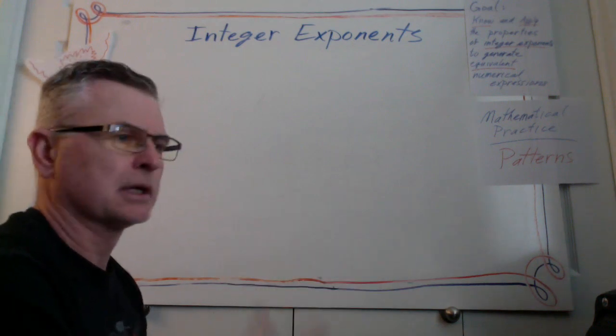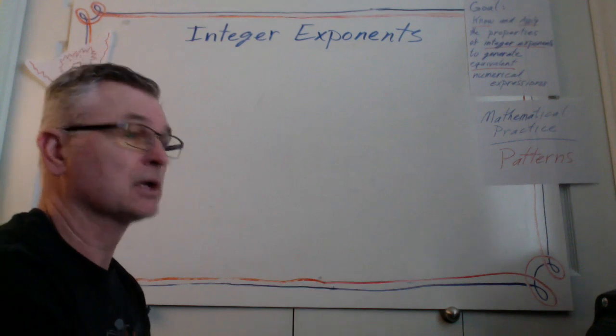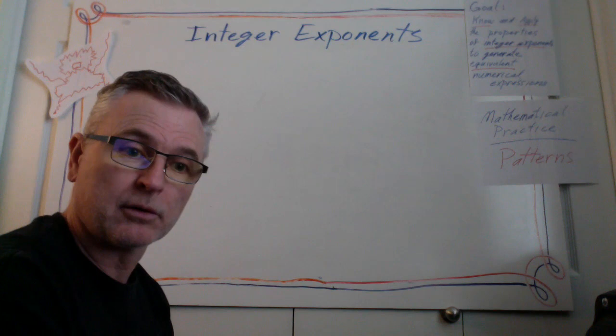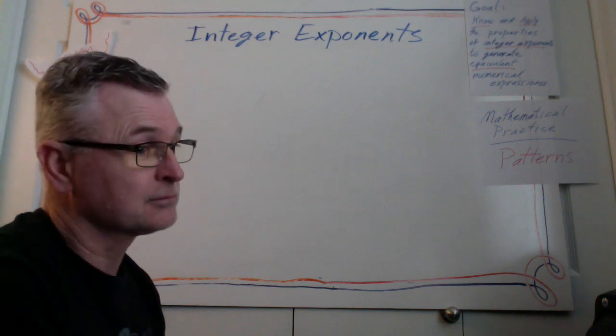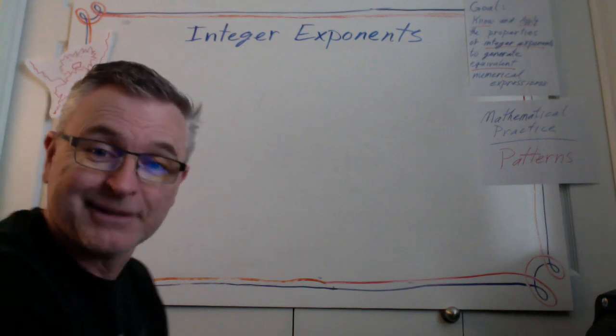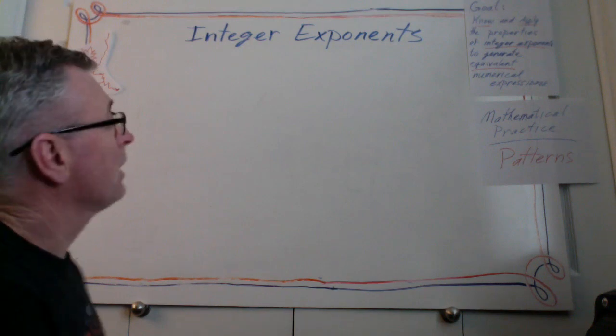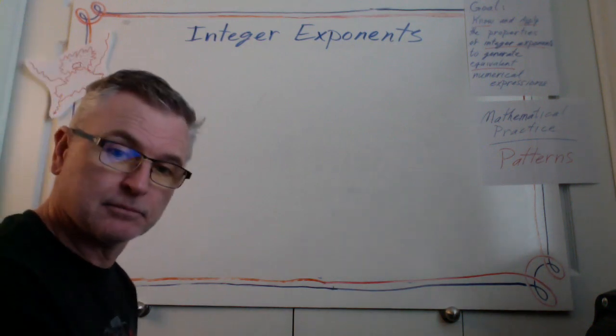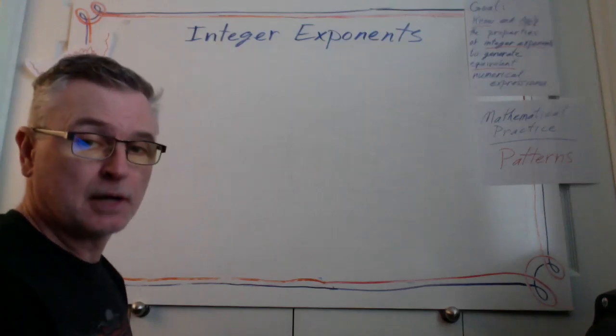It would be like the exception. Luckily, I've never had to solve a problem where 0 to the 0th power was there, so I've never had to deal with it. And I'm a mathematician, so how often do you think it's going to come up for you, right? But you should look online.